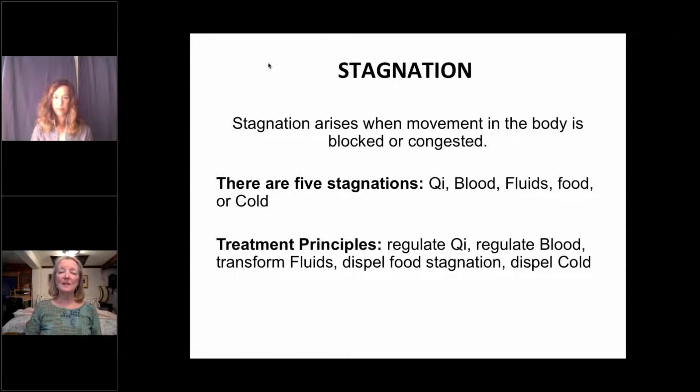But you can also have cold stagnation, and a lot of us who have been in cold climates for whatever reason have experienced that. Cold can also invade externally into the body, and we'll talk about that on Friday. So treatment principles: regulate Qi, regulate blood, transform fluids or phlegm, dispel fluid stagnation, or dispel cold.